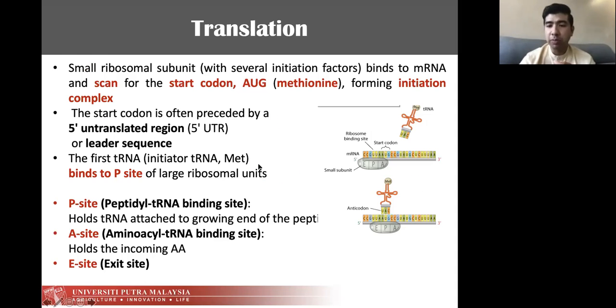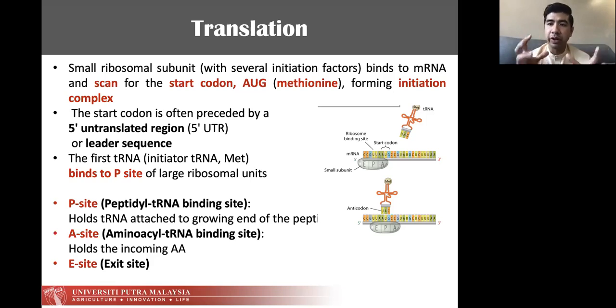For eukaryotes, higher organisms, your small ribosomal subunit may require some initiation factors, like helper proteins, but I'm not going to discuss it in detail. Just understand that the system for eukaryotes is not as simple as it looks. For higher organisms like us, there's a lot of control because we are very complex living organisms.